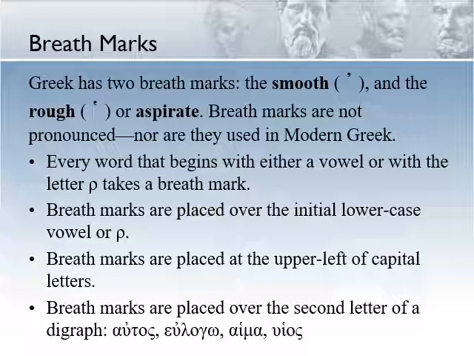Remember from our previous video that alpha epsilon is pronounced av or af. So this word is aftos. But the breath mark is placed not over the alpha, but over the epsilon. Why? Because always a breath mark occurs over the second letter of a digraph.